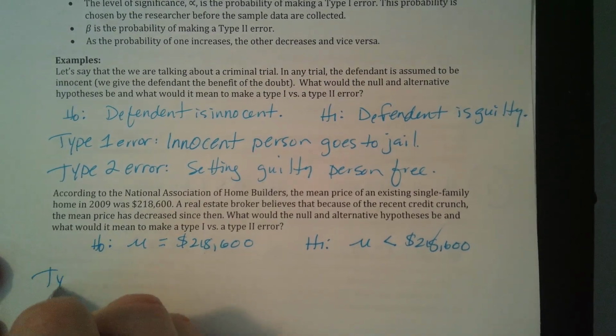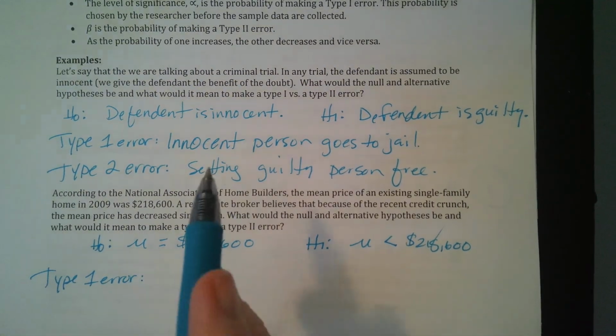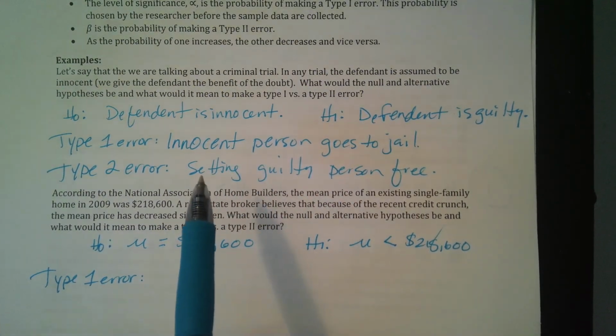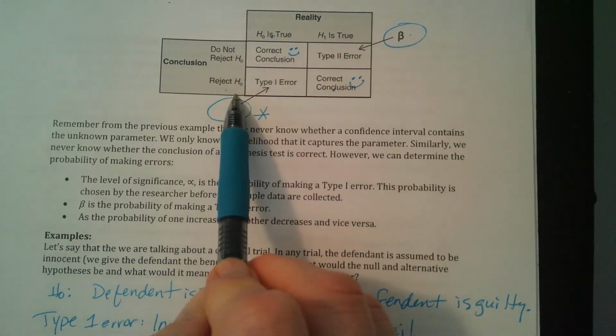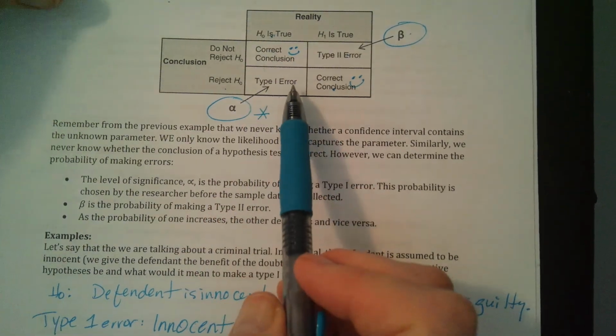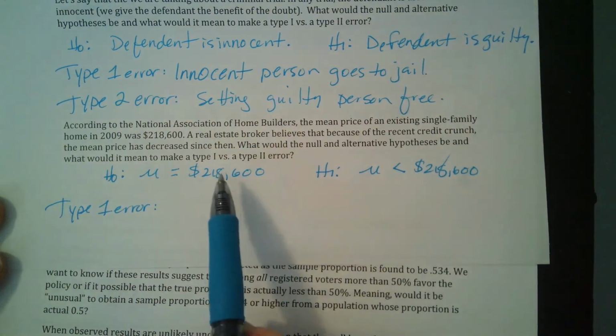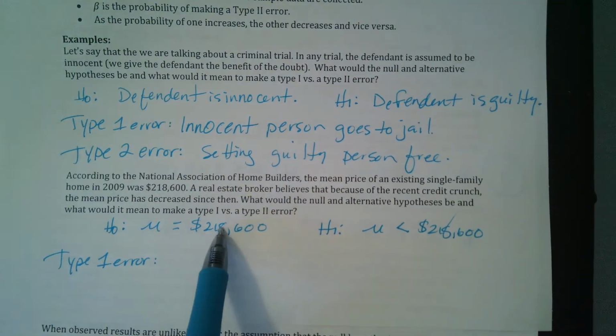A type 1 error again would mean that you're going to conclude to reject the null hypothesis when in fact the null was true. So we would reject this null hypothesis when in fact this was true.